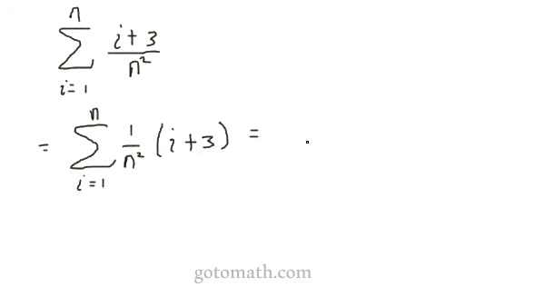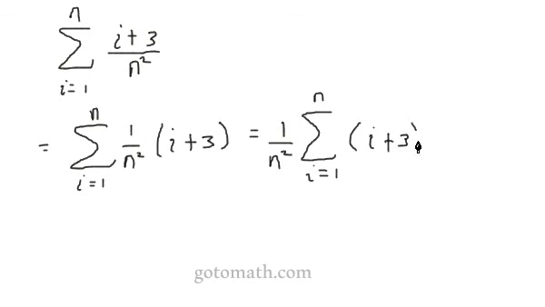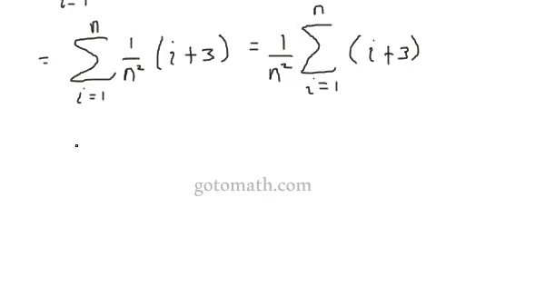But then again, we can rewrite this again. Remember, part of the properties of summation notation is that I can take this 1 over n squared and just get it out of the way to the front. Then we have i plus 3. Now I'm going to break this up even more to kind of show you what's going on here.